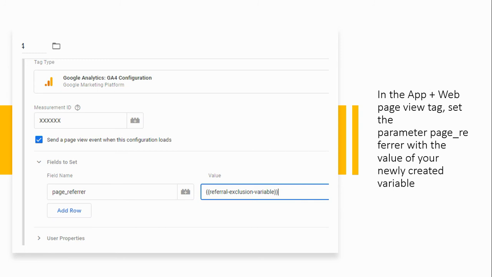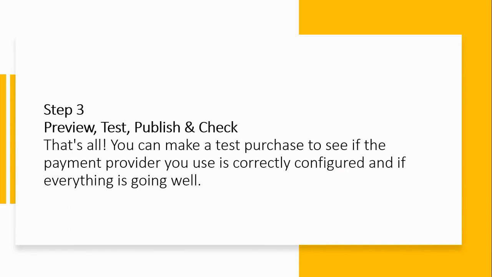If we expand fields to set, we can give the field name as page_referrer and then choose the value as the new JavaScript variable which we created in the previous step. So in the App Plus Web page view tag, set the parameter page_referrer with the value of the newly created variable.